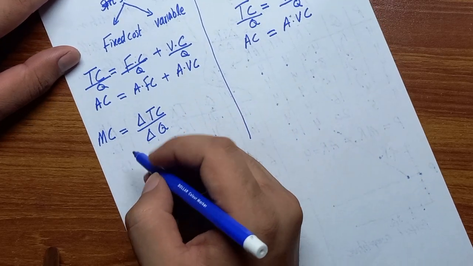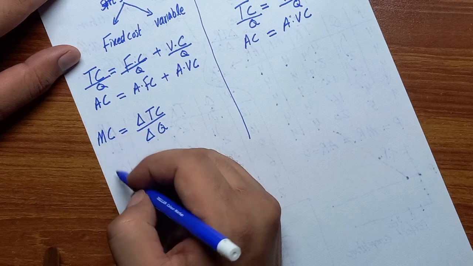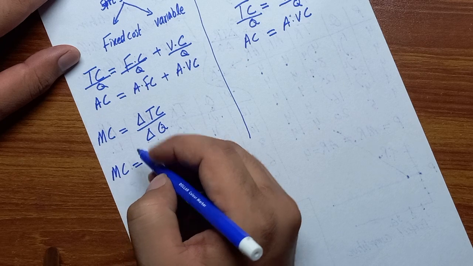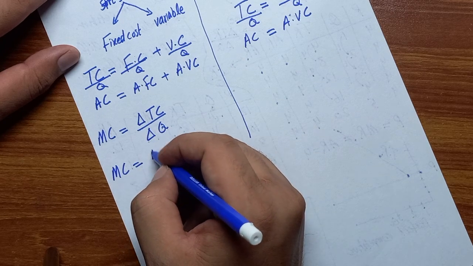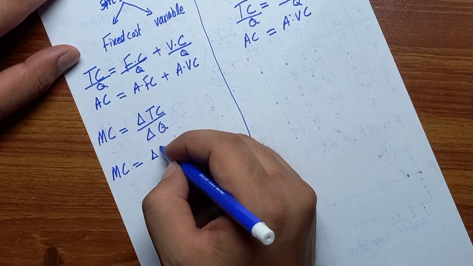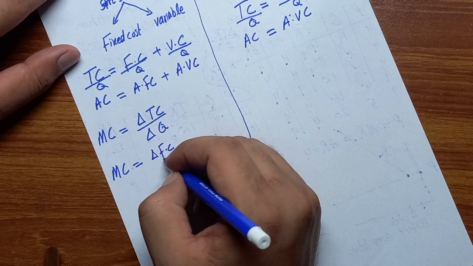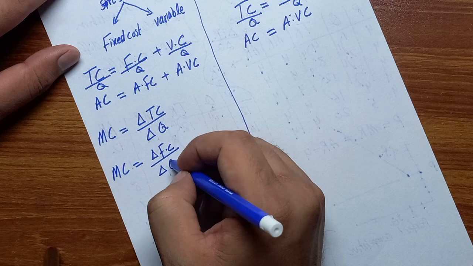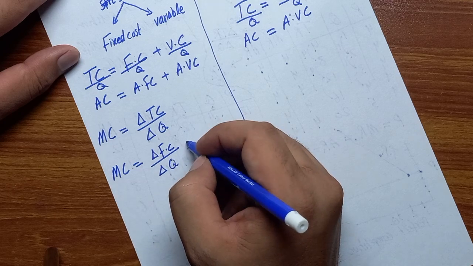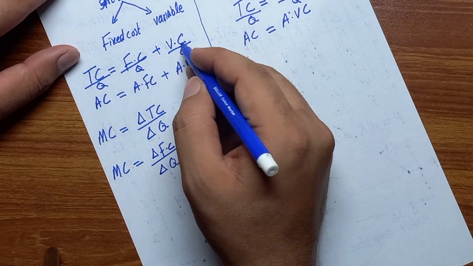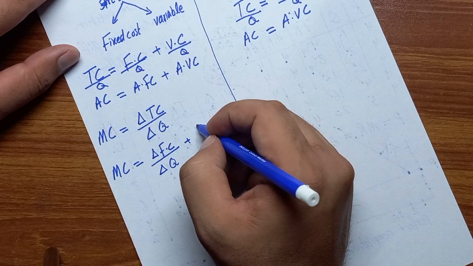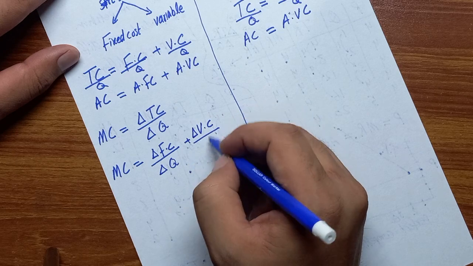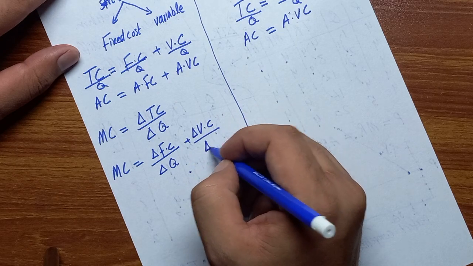So we can write a formula: marginal cost is equal to change in total fixed cost divided by change in quantity, plus change in variable cost divided by change in quantity.